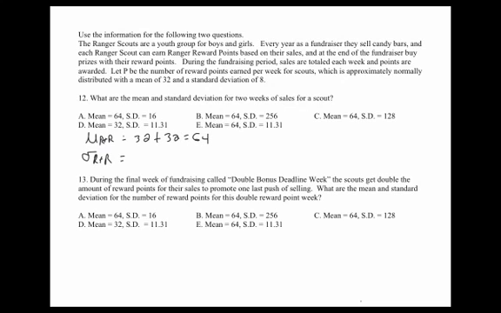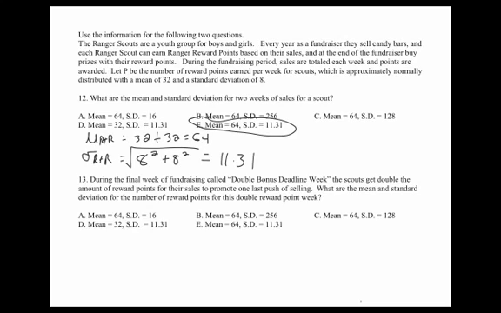The standard deviation of R plus R will be 8 squared, so that we have a variance, plus the variance for another week, and then we'll square root to get back. Which would be 11.31. So the mean would be 64, the standard deviation is 11.31. That is letter E.